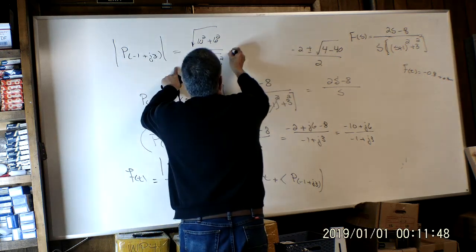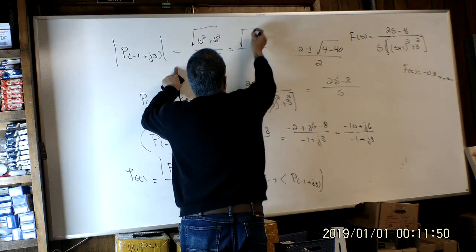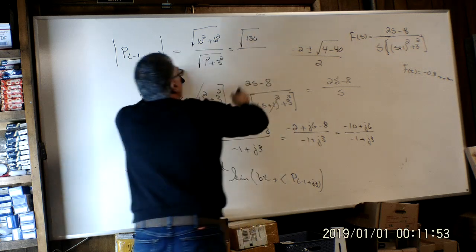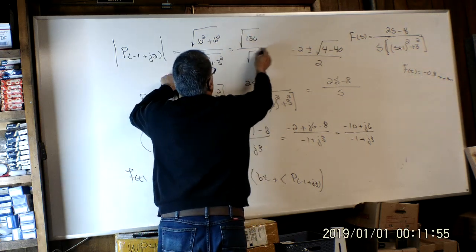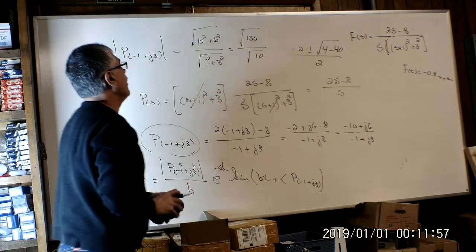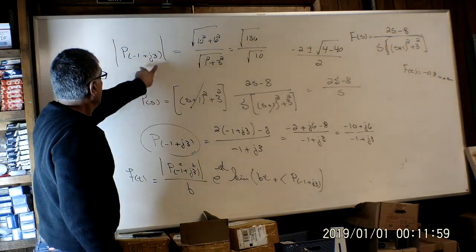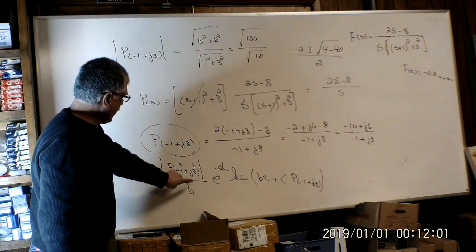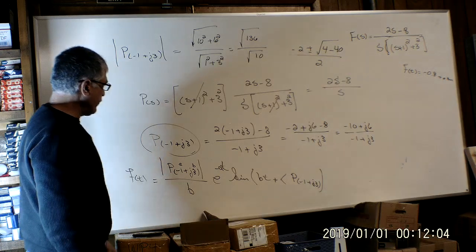So this will be equal to the square root of 136 divided by the square root of 10. So this is our magnitude of p minus 1 plus j3.